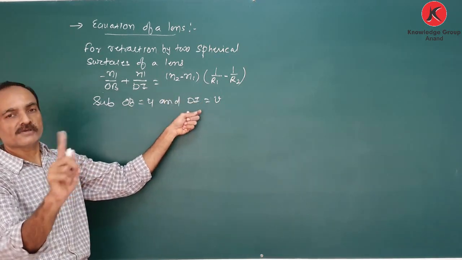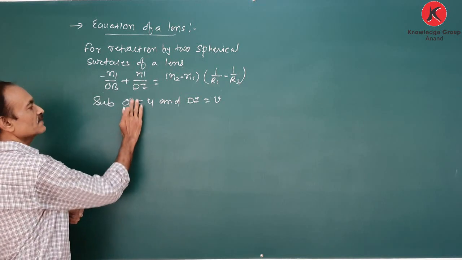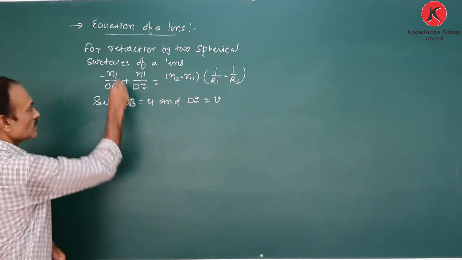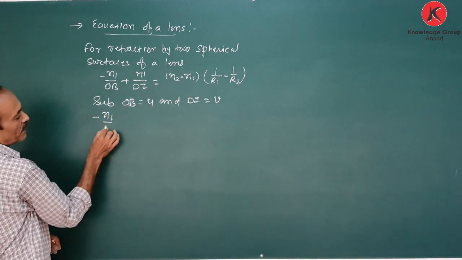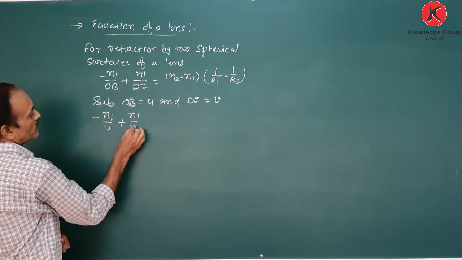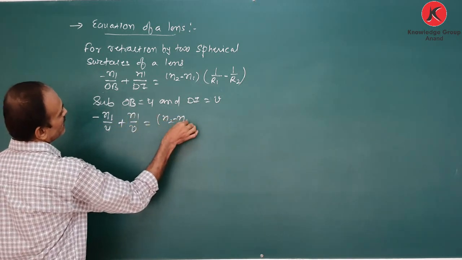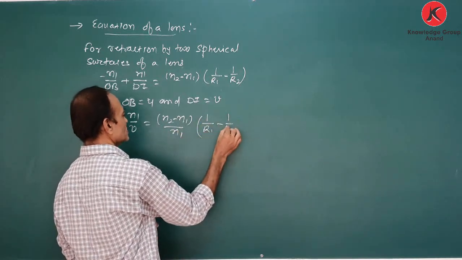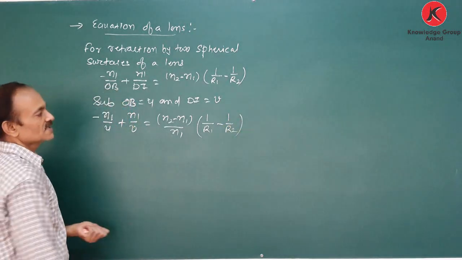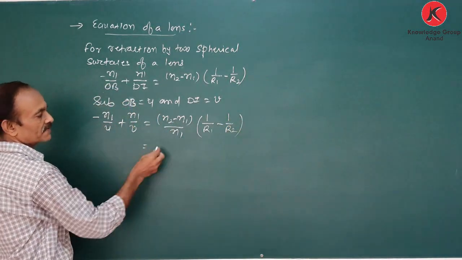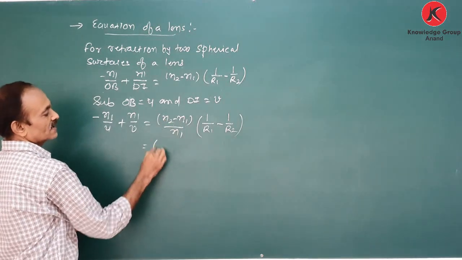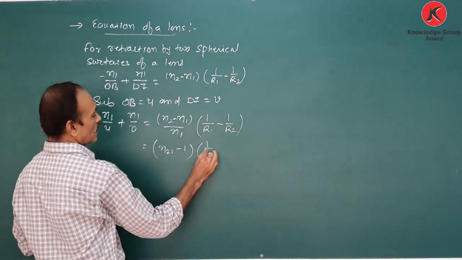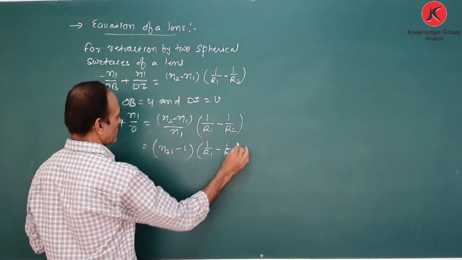Again, we are not using the sign convention; we only substitute the values of OB and DI as U and V. Therefore, minus n1 upon U plus n1 upon V is equal to (n2 minus n1) into (1 upon R1 minus 1 upon R2). Separately, dividing by n1, we get n2 upon n1 minus 1, which is known as n21 minus 1, into (1 upon R1 minus 1 upon R2).